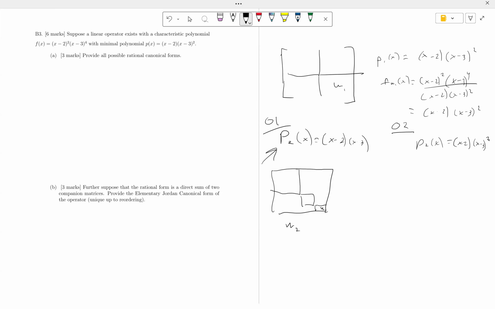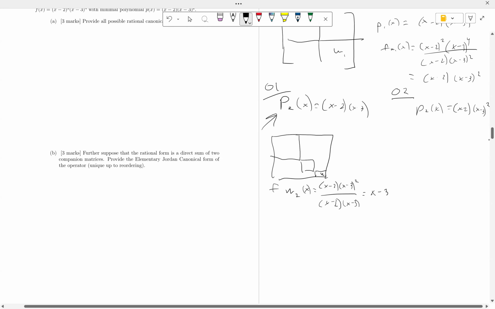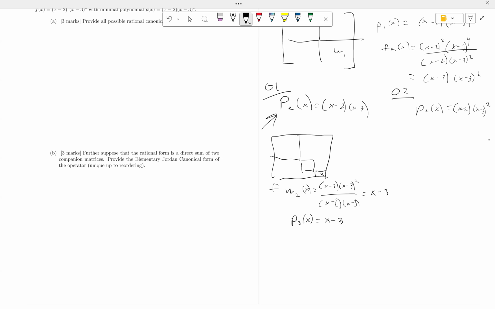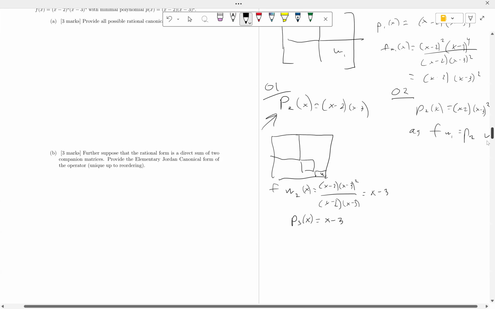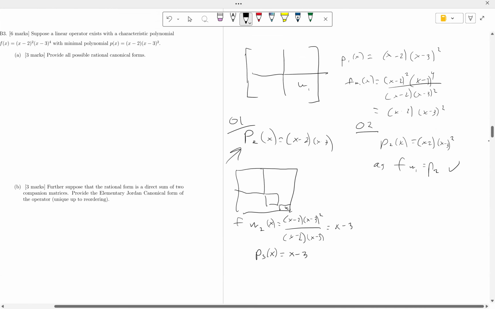If I look at f of W2, this equals (x minus 2)(x minus 3) squared over (x minus 2)(x minus 3), which equals x minus 3, and P3 of x equals x minus 3. Whereas here, as f of W1 equals P2, we're done. So at this point, we are finished.